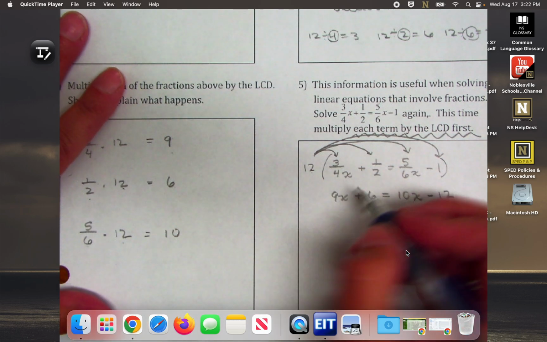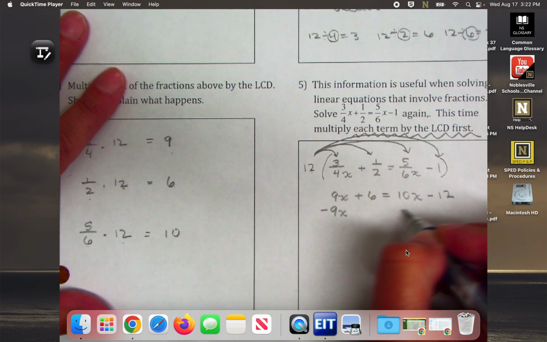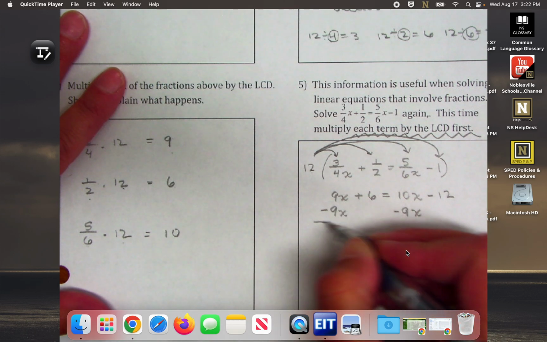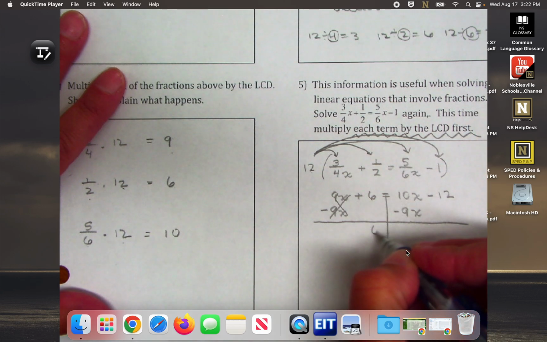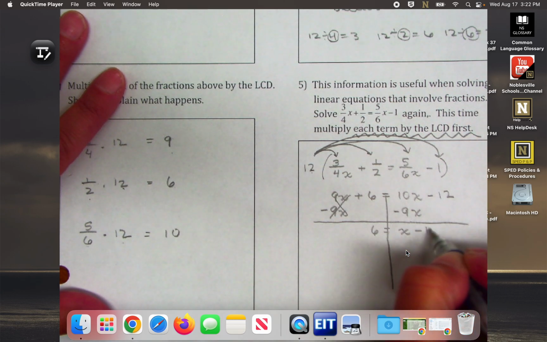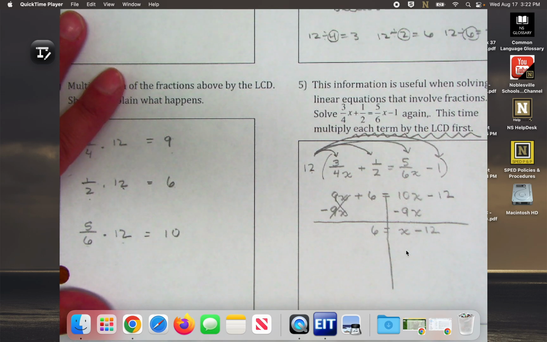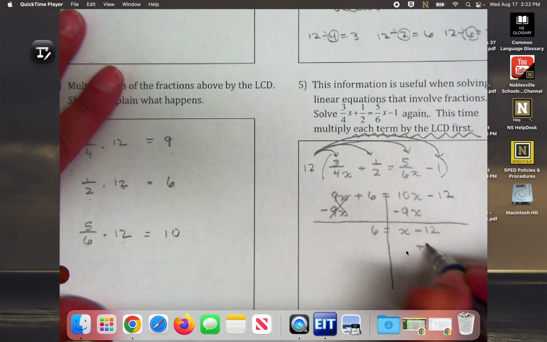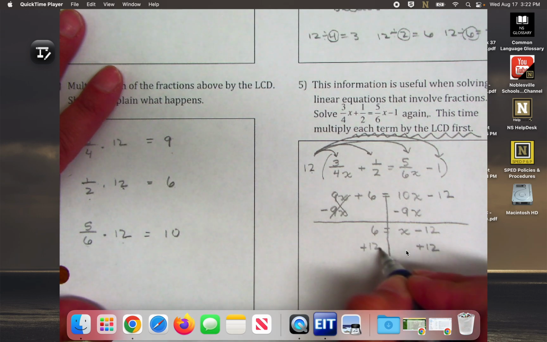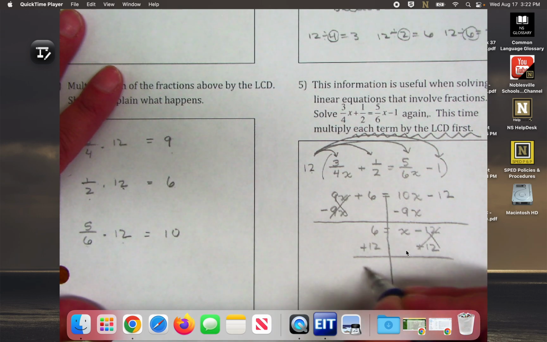So then I would subtract 9x, because remember yesterday we talked about staying away from those negatives. So now I have 6 equals x minus 12. Then I'm going to add 12 to both sides. 18 equals x.